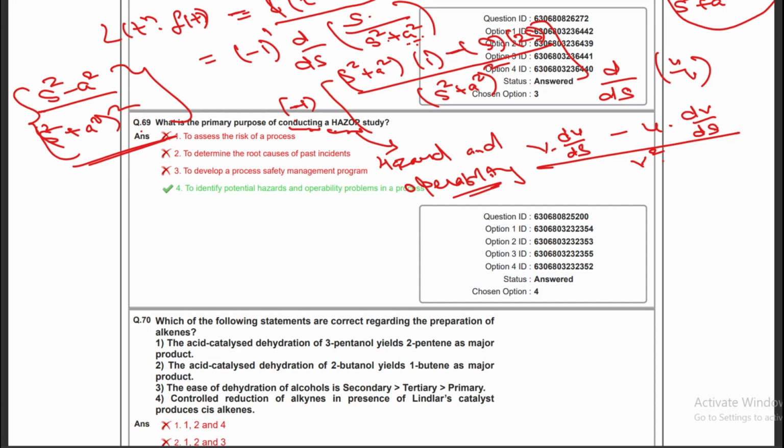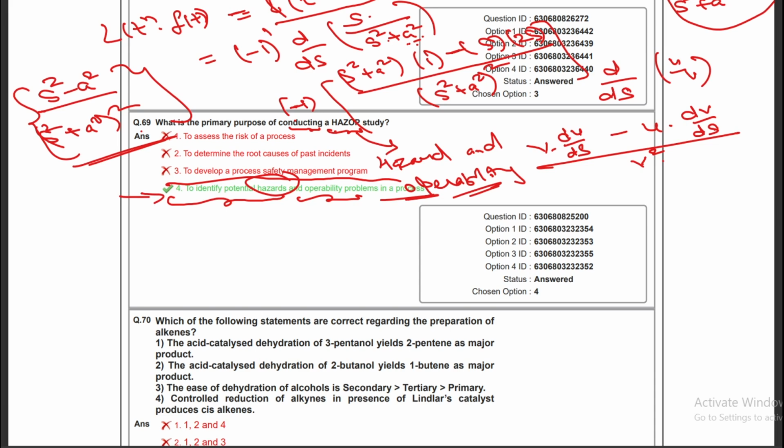Okay, so the correct answer is to identify potential hazards and operability problems. So it is clear from its full form, hazard and operability. This study systematically examines the process to identify deviations from design intent that could lead to hazardous situations or affect the efficiency and safety of operations. So the correct answer is the fourth one.